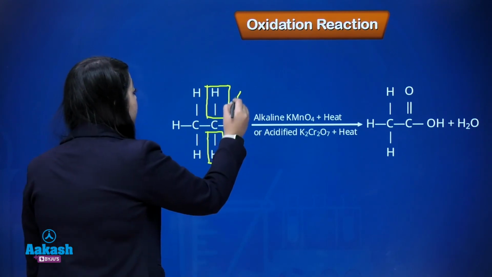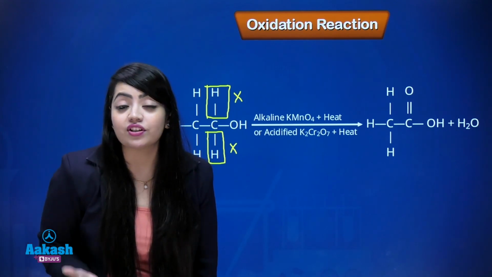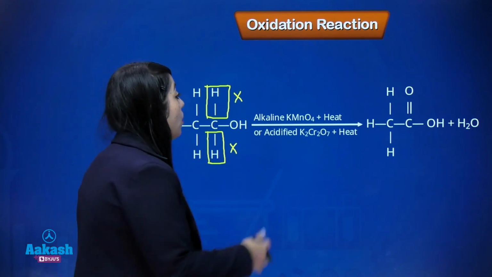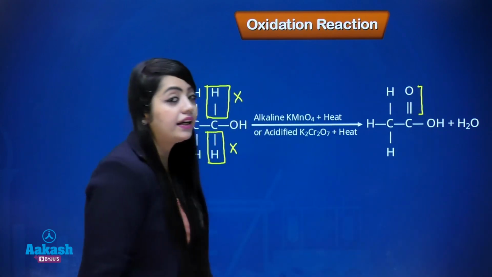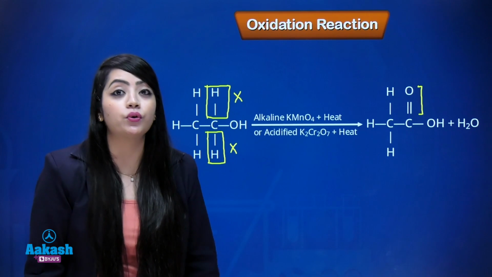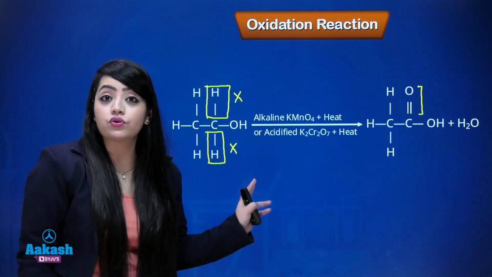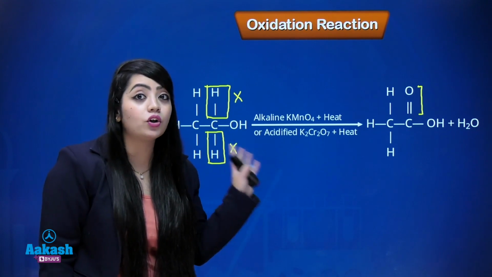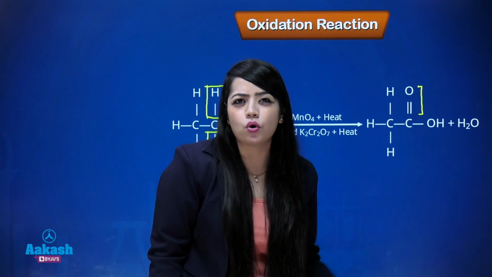If I remove these two hydrogens, that means we have removed the hydrogen, and if I add oxygen in place of these two hydrogens, what will I get? I will get C double bond O. So the simple hack is we have to remove these two hydrogens which are attached to the alcohol group, and in their place we have to put a double bond O, right?